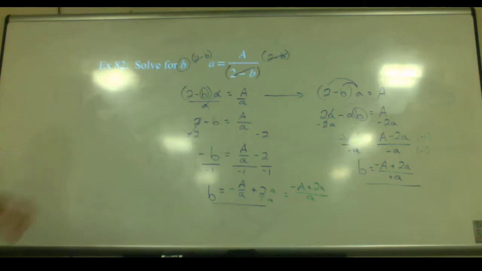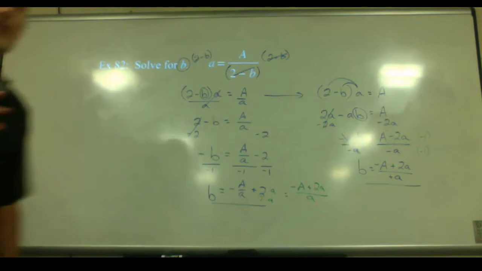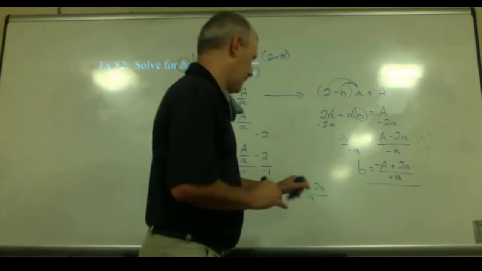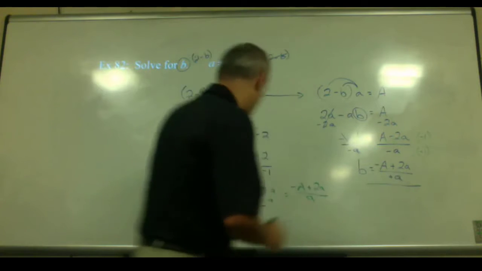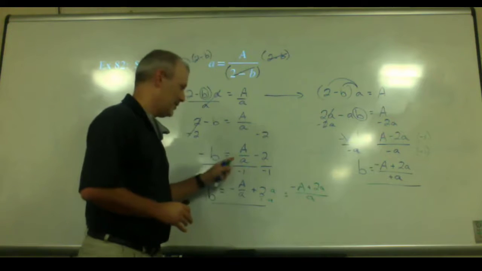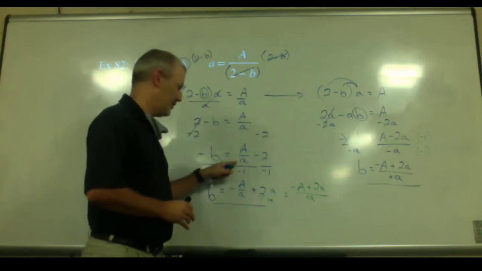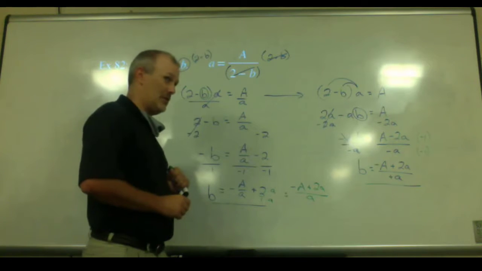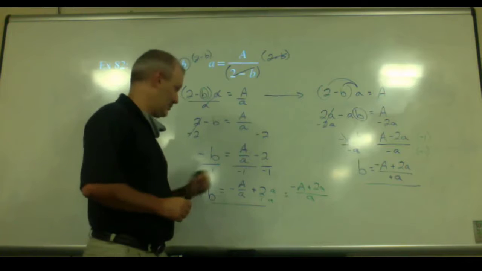I'm wondering why a is only under the capital A instead of the whole thing. Okay, say that again. Minus A plus 2A, are we over here or over here? Why is the a under the A but not under the 2?